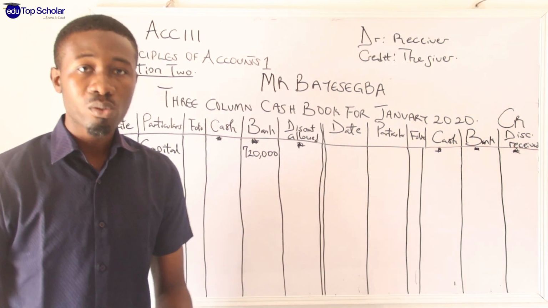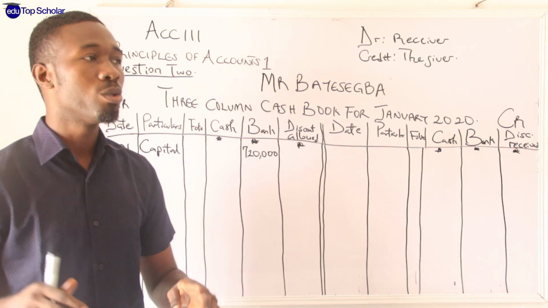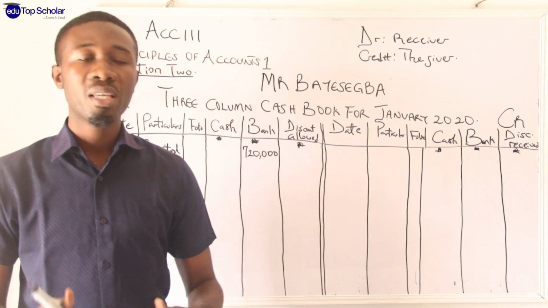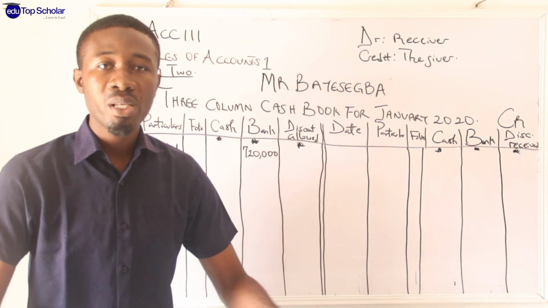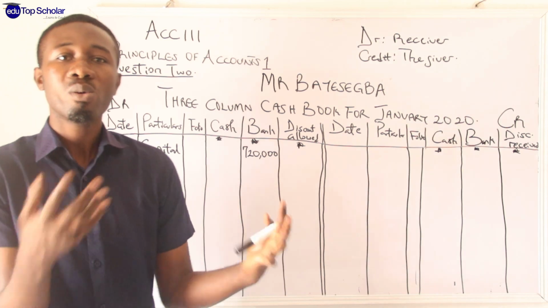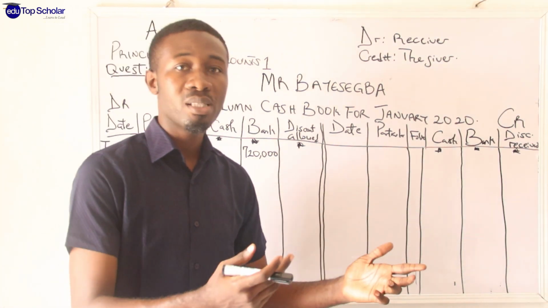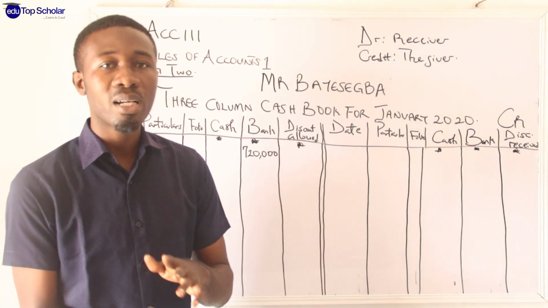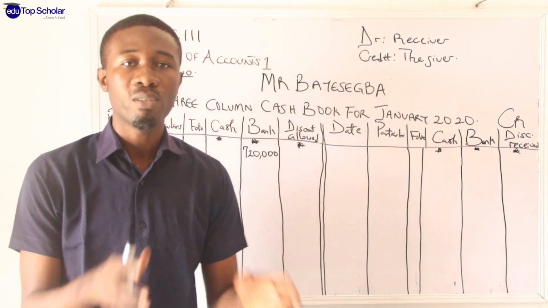These kind of transactions can come in 2 ways. Either he uses the money he withdrew for personal use, or he uses the money for the sake of the business. When he uses the money for the business, it means the money is still retained in the business. And any money that does not go out of the business will not be recorded on the credit side, neither will it be recorded on the debit side, because the money is still for the purpose of the business.